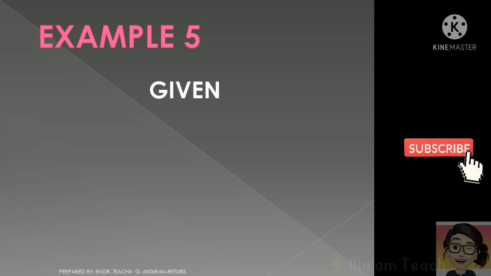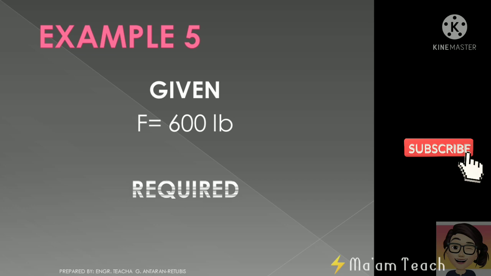Let us first define the given. The only given there, class, is the 600-pound force as well as the thetas. What is required is the magnitude of the component at the v-axis, which is the F sub v.